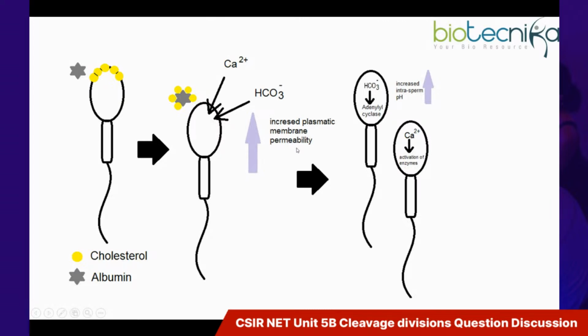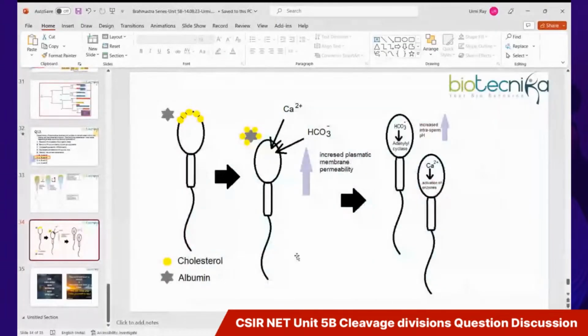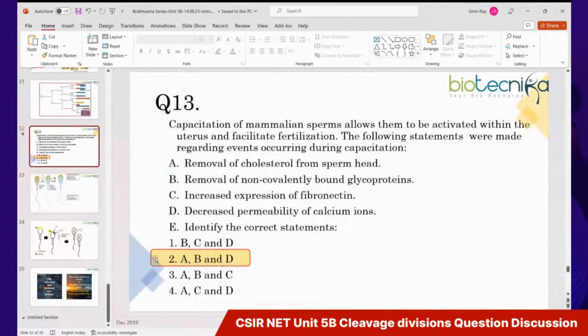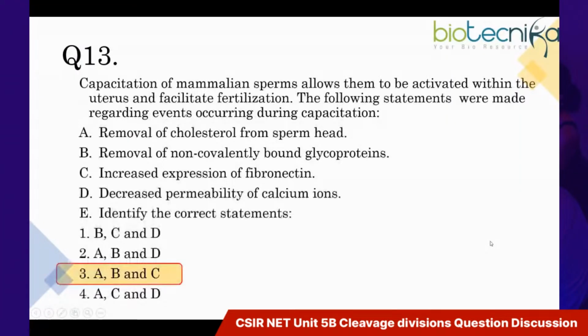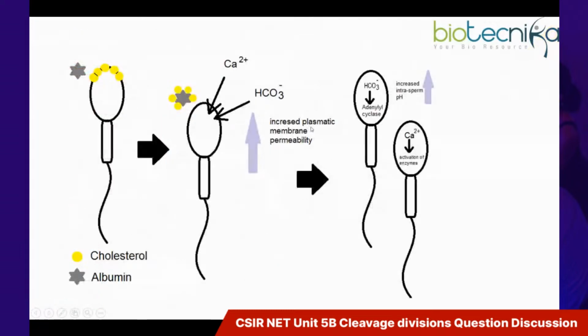But since it says it is decreasing here, I think the position of this changed because of the font. Because you have the increase of the plasma membrane permeability, because of these ions, the adenylyl cyclase gets activated, and calcium, because it came inside, acts as a secondary messenger, and that also leads to the activation of enzymes.